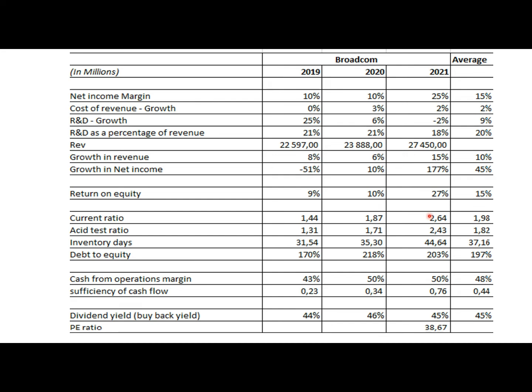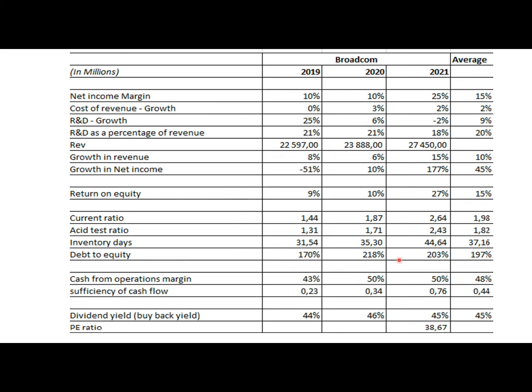The debt to equity, however, at an average of 197%, almost 200%, is above the industry average of 126%. Now that shows me a heightened increase in financial risk. Yes, I understand there's a productive relationship between debt, risk, and returns, being the ROE.